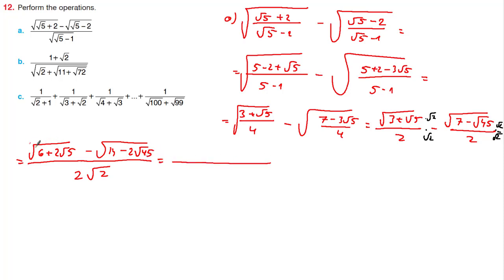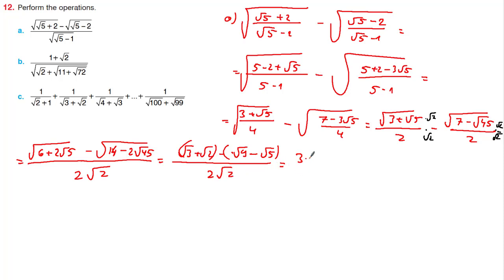Great, so for this root here, give me two numbers that add up to 6 and multiply to 5. Those are square root of 5 and square root of 1, so square root of 3 plus square root of 2 minus, give me two numbers that add up to 14 and multiply to 45. The product is 45, so those are 9 and 5, in this order from largest to smallest.